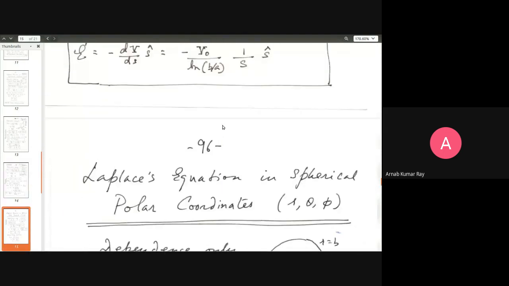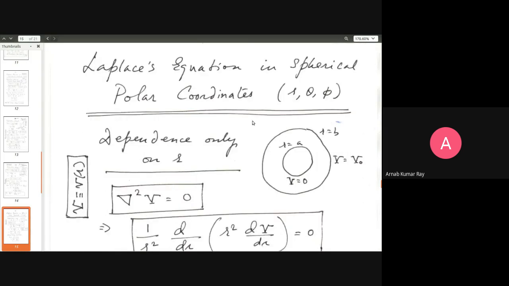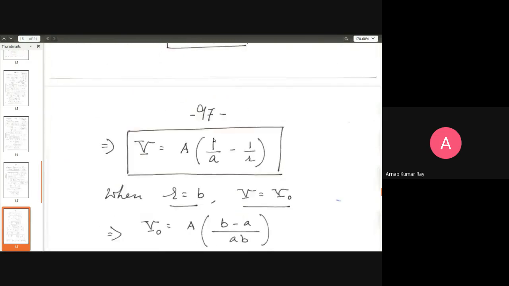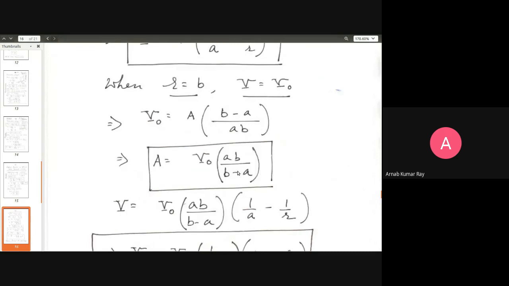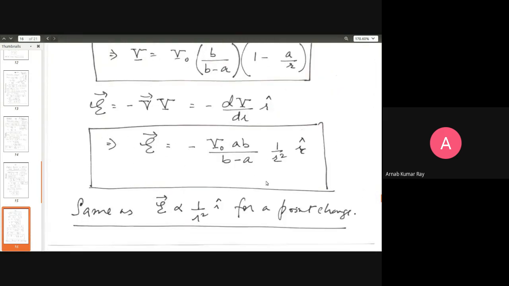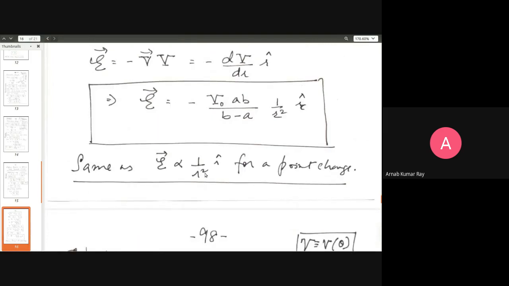Next, we took up the case of Laplace's equation in spherical polar coordinates. So we took up the first coordinate r, and we solved it. We found that the potential went as minus 1 upon r kind of behavior, but the electric field went as 1 upon r squared kind of behavior, and that is how it should be.